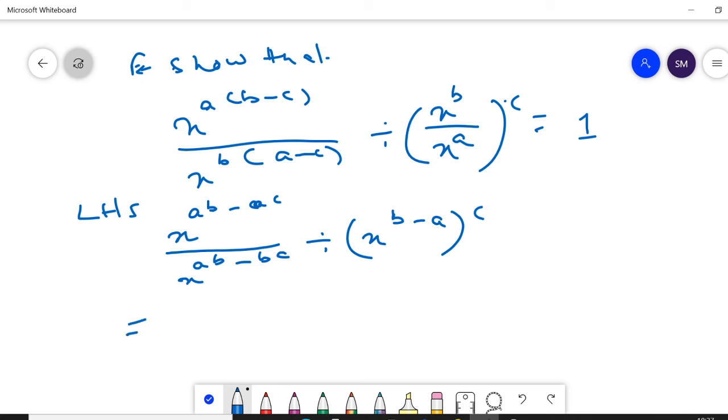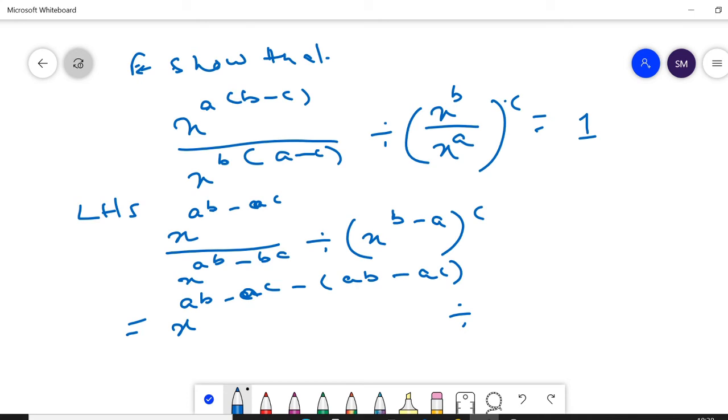When we take it to the numerator with the same base, the exponents are subtracted: ab minus ac minus, and keep it inside the bracket, because when we subtract always use a bracket, otherwise you may do something wrong with the sign. Then here b minus a, outside the bracket there is c.